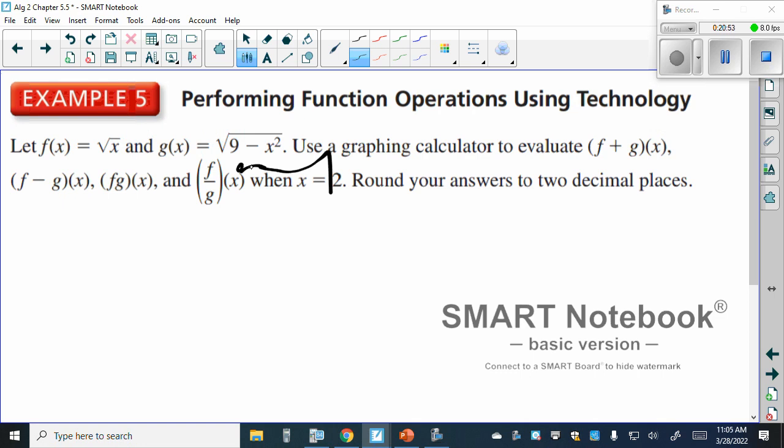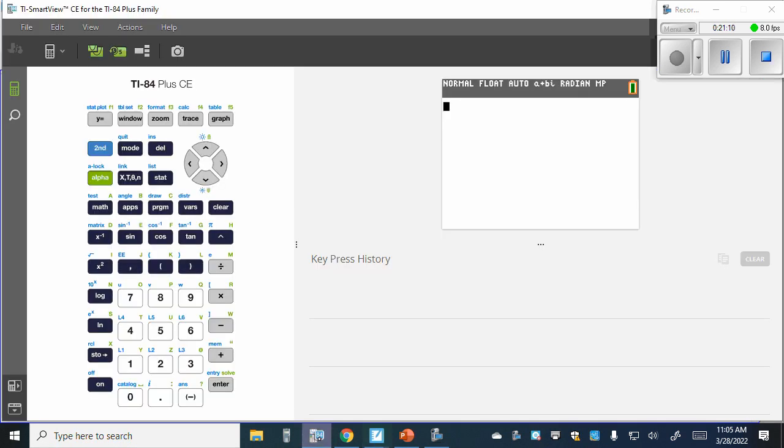But instead of using what we've been doing where we find out what f plus g of x is, or f minus g of x, and then evaluate it, we're just going to use the calculator to do it for us. Now in the graphing calculator, the first thing we're going to do is hit Y equals. We're going to input these functions in.